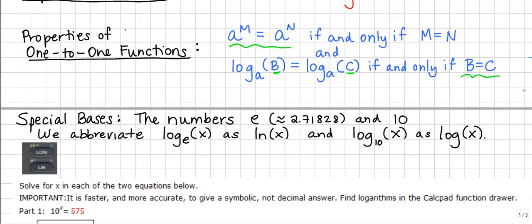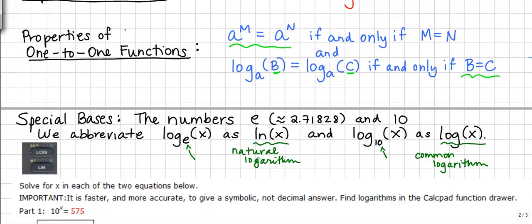But if the base of a logarithm is e, we tend to shorthand that as ln of x, and we call that the natural logarithm. So again, that's base e. And if the base is 10, we shorthand it as log of x, and we call that a common logarithm.